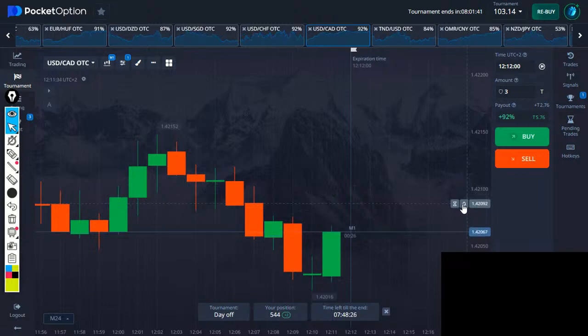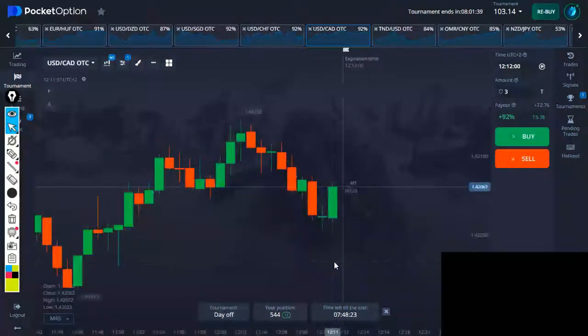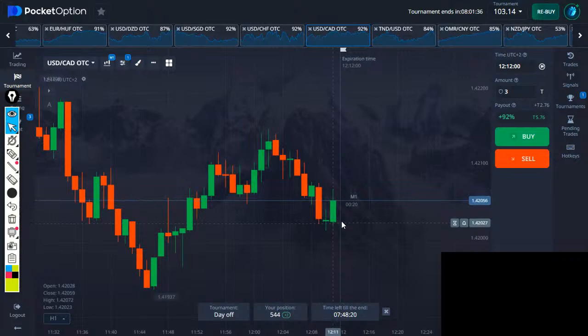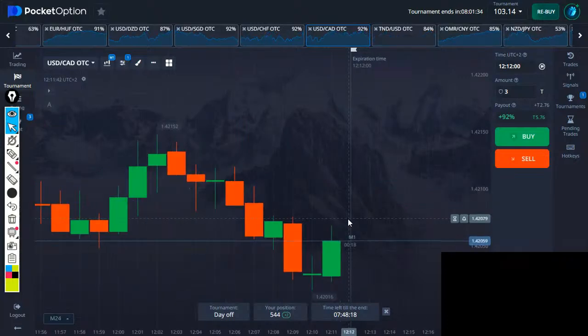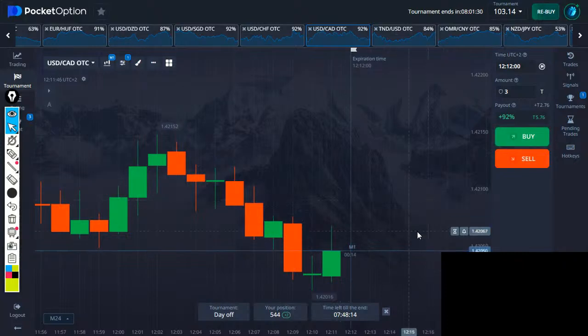This usually when you see a doji of this kind, this is a reversal doji. Let me see the opening.